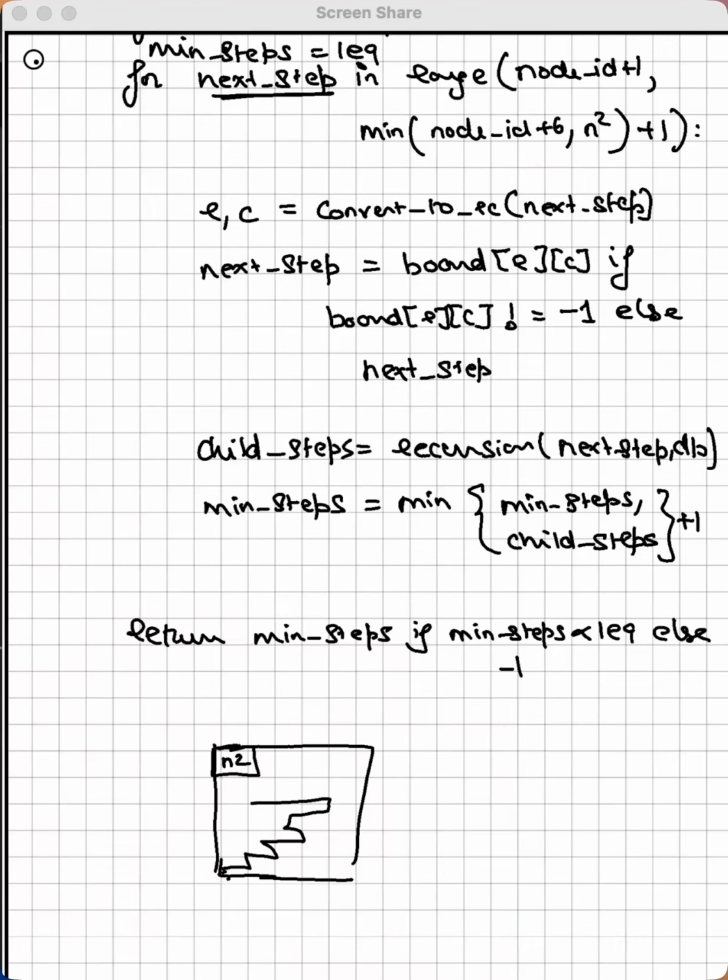Like go here, go here, go here. Whatever, not exactly like this, maybe the direction is not very good, but in terms of hops, you hop here, then you hop here, and then here, and then here, and there can be multiple such paths.